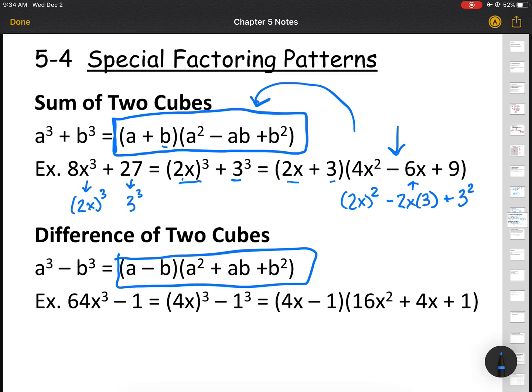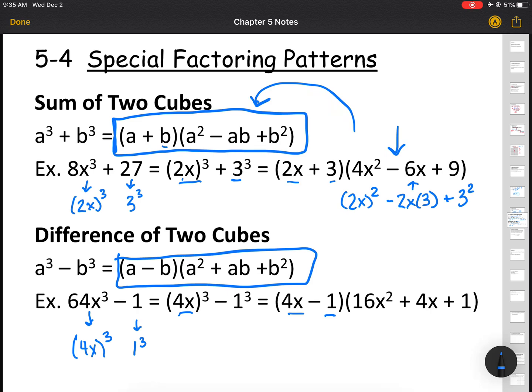Same thing with the difference of 2 cubes. In this first part I have 64x to the third power. Well, that's the same thing as 4x cubed. And 1 is a perfect cube because 1 cubed is still 1. So again, my a, or my first term, was 4x, so that's going there. And then b was 1, so that was going next. And it was going to be a subtraction in there, so that's my first factor.